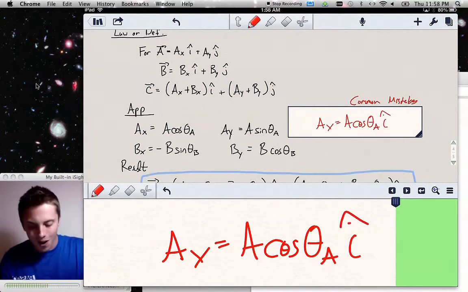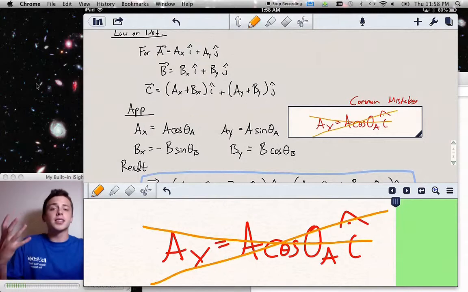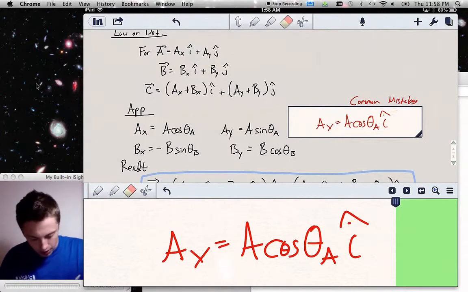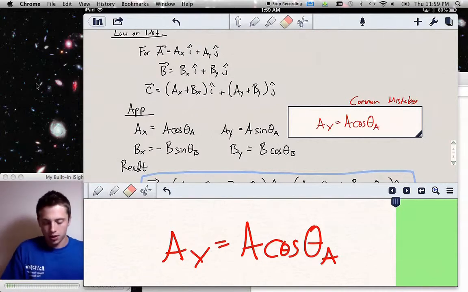This is not right because the component of a vector is not a vector. It's a scalar, okay? And scalars don't have direction. So when you write the component of a vector, you just write the value with no direction, all right?